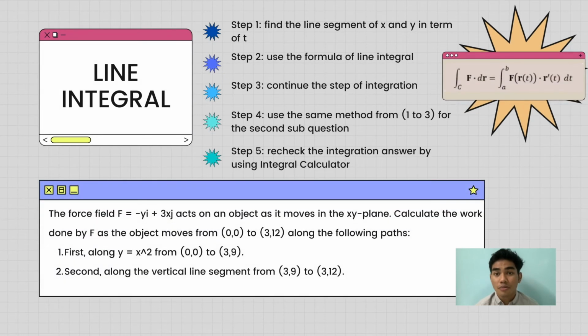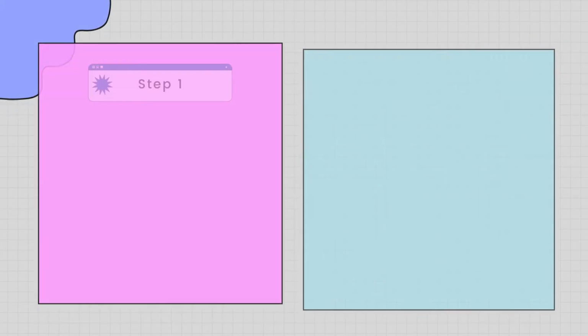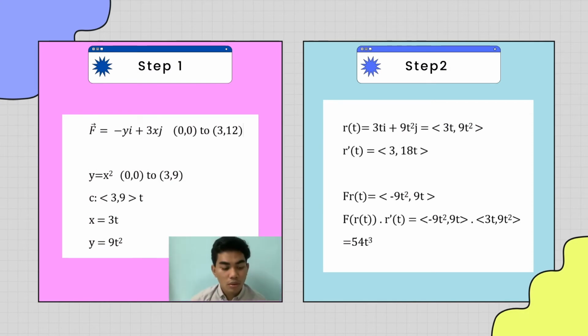Question 2. Line integral. You can pause the video to read the following steps and the equation. First, we need to find the work done along y equals x squared from (0, 0) to (3, 9).